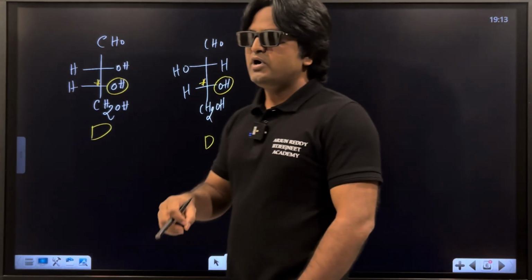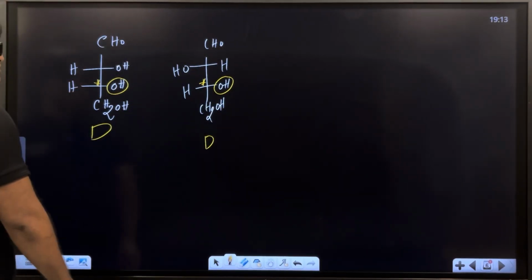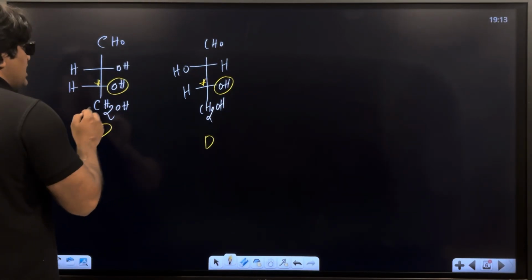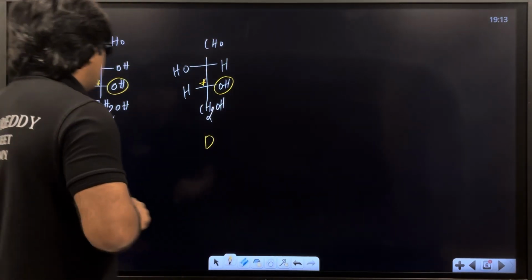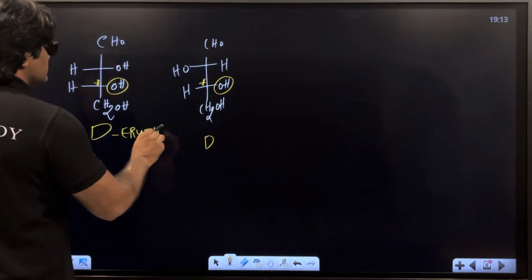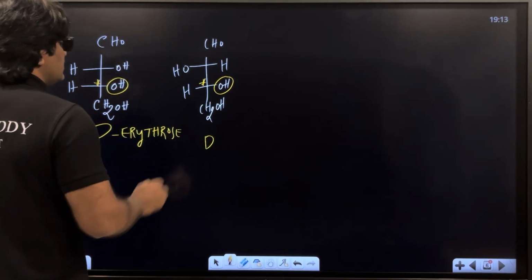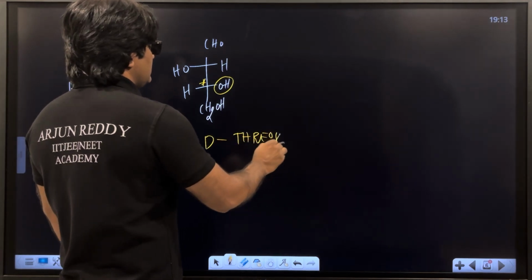And if you want to write in terms of erythro and threo, according to erythro and threo nomenclature, if similar groups are present on the same side, that's what we call erythro. This is known as D erythro, and this one is taken as D threo.